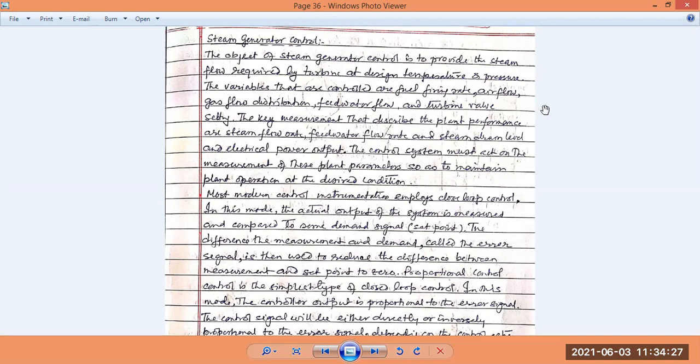Now, the objective of steam generator control is to provide the steam flow required by the turbine at design temperature and pressure itself.